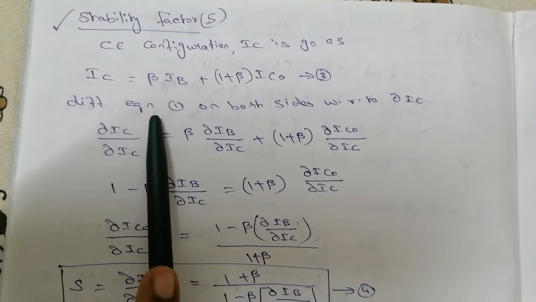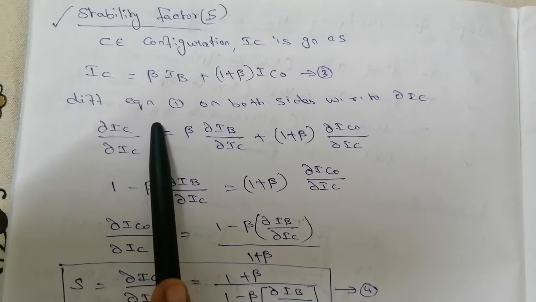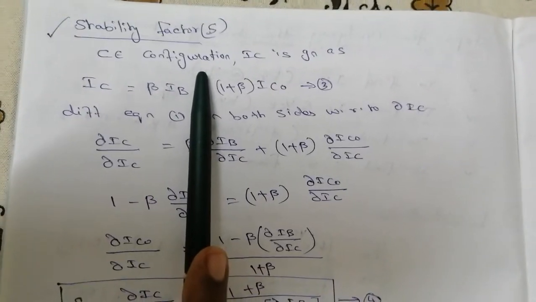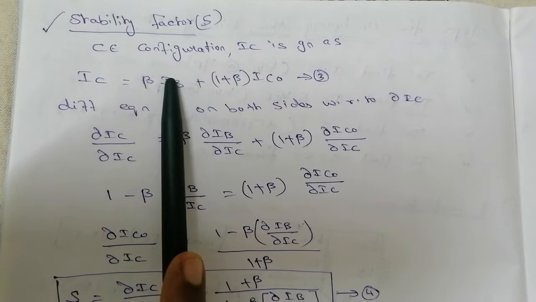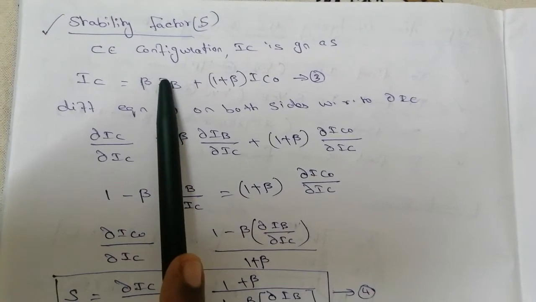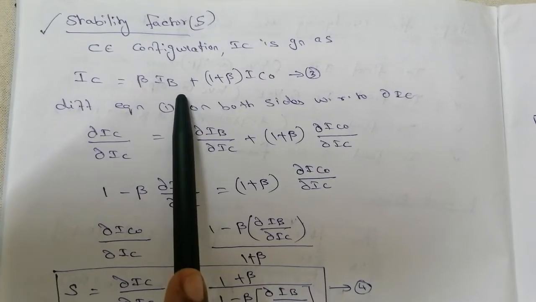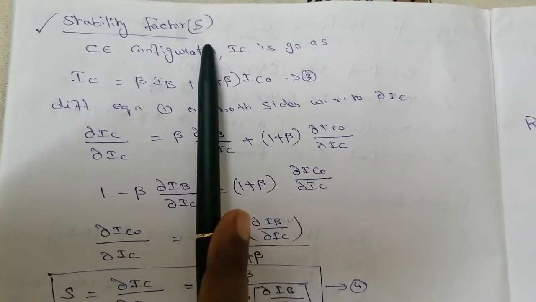For that purpose we calculate the stability factor. Already we know the definition of stability factor: the change in the collector current due to the variation of transistor parameter is called the stability factor.